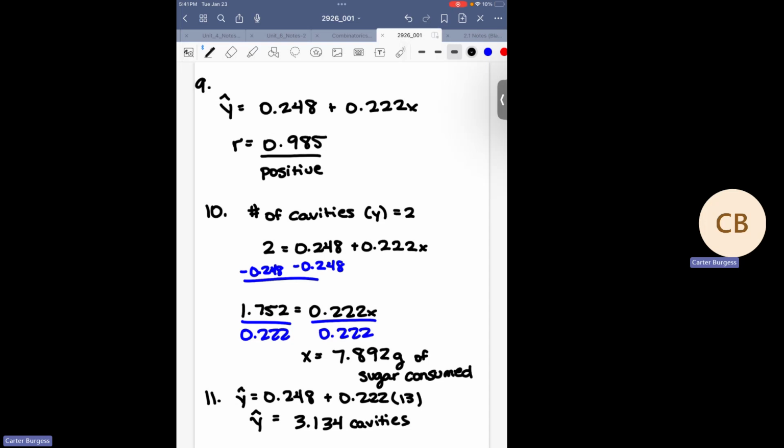We'll talk more about this as we go with 2.1, but you would expect a whole number of cavities here. So I would accept 3, but that doesn't mean that the 3.134 doesn't have value. We would say on average, we would expect probably close to 3, but maybe somewhere in between 3 and 4 cavities. More likely to be 3, but maybe somewhere in between 3 and 4.